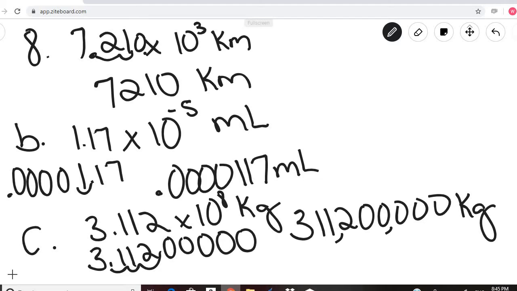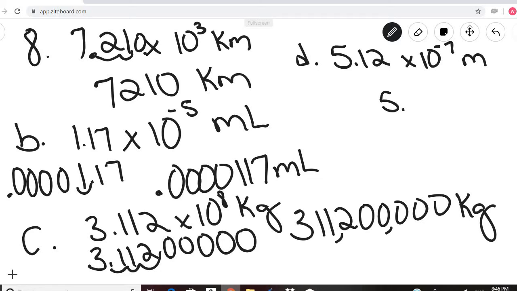And then D is 5.12 times 10 to the negative 7. And the units are meters. Okay, so we're going to start with that 5.12, and we are going to move our decimal place 7 places to the left, since it's a negative exponent.